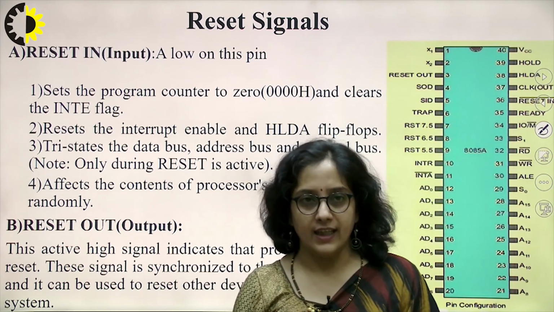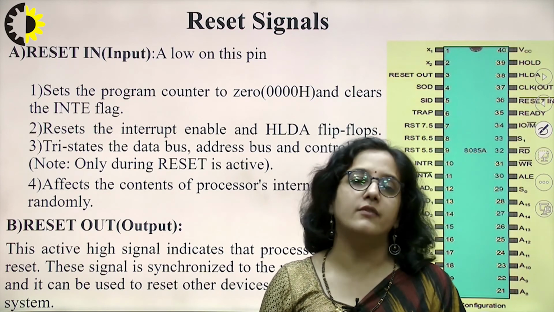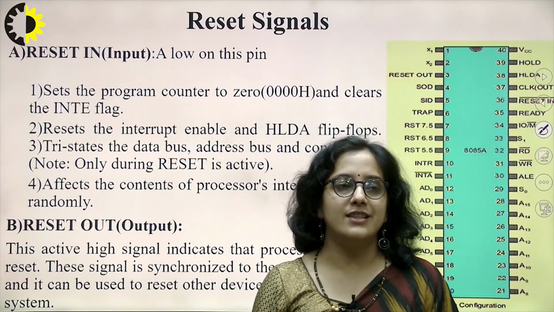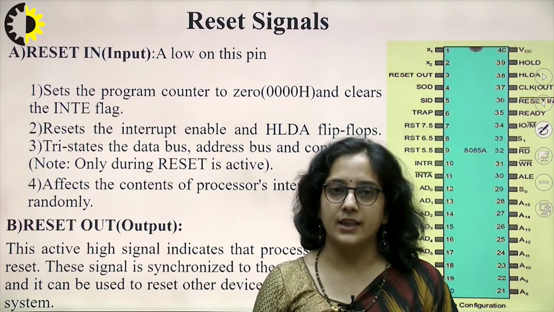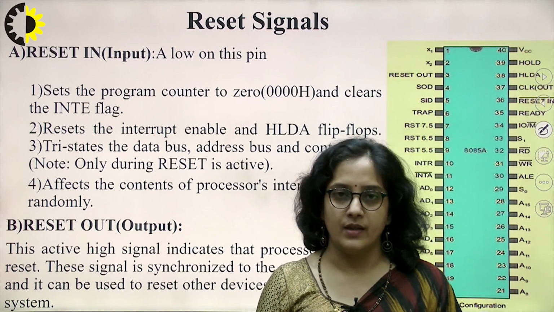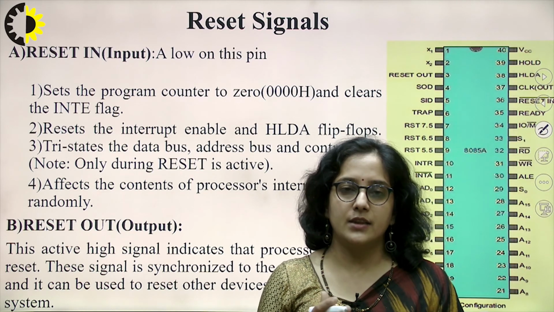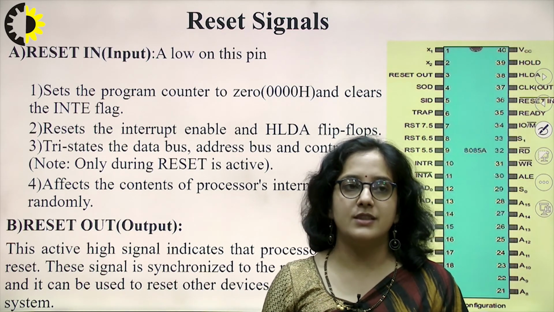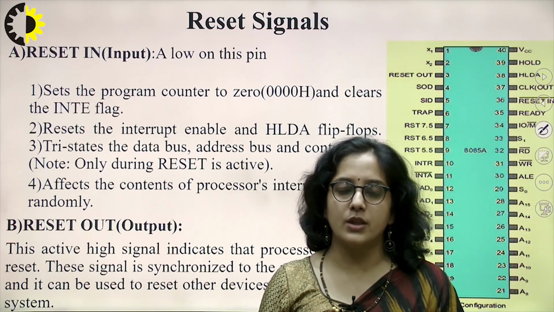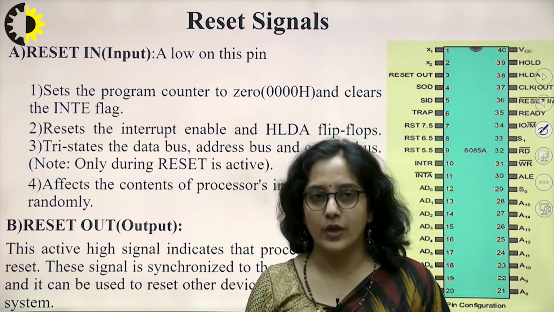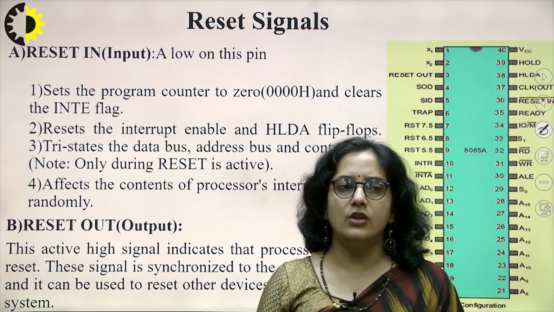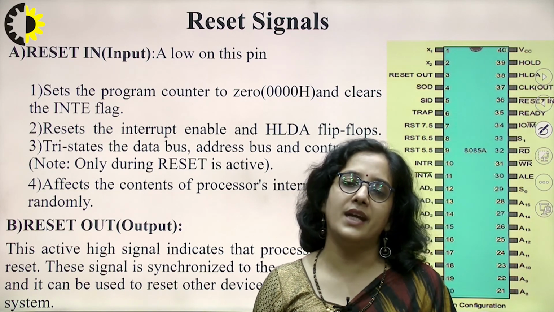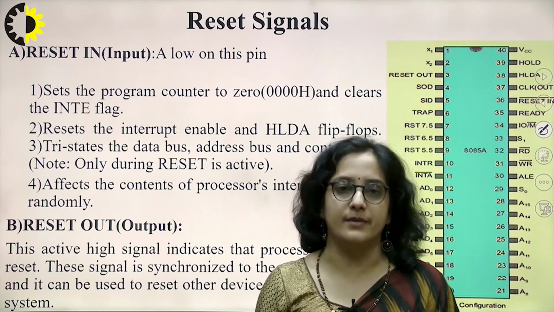And lastly, the group is the reset signals, and in this group we have two pins. One is RESET IN, which is an active low signal. Whenever I have to restart my 8085 microprocessor, I send an active low signal at this pin. Whenever the active low signal is available at this reset pin, the microprocessor will restart, the program counter points to the 0000H location, and it will not perform any task, it will restart the system.